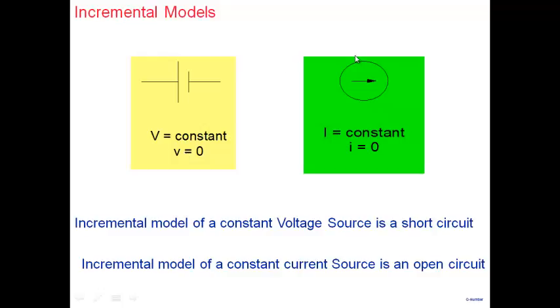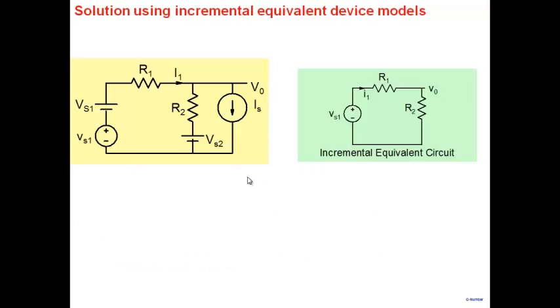So when I'm doing incremental circuit analysis, voltage sources become shorts, because the incremental model is v equal to 0. Current source, I equals constant. There cannot be any increment in current. So small i is 0. So current sources become open circuits. These are some of them, and then we can build incremental models for other elements also.